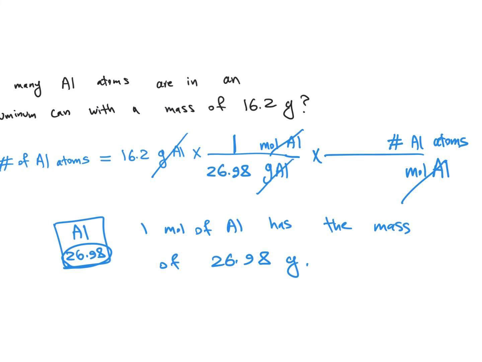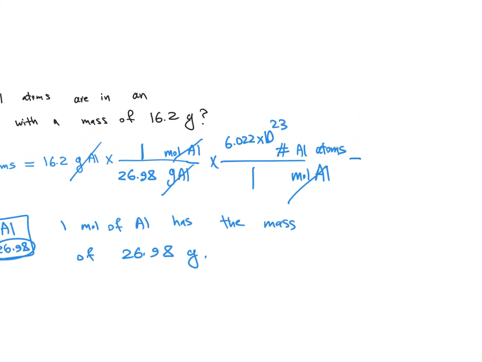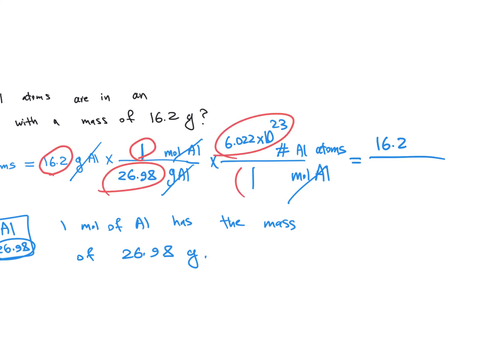Okay. And here you say 1 mole of anything is 6.022 multiplied by 10 to the power of 23 of that thing. So if you know definitions well, I think you can write conversion factors easily, right? Okay, after you do the math, it would be 16.2. Even when I'm writing your homeworks and exams, sometimes I forget to write one of these. So remember how many numbers you have here.